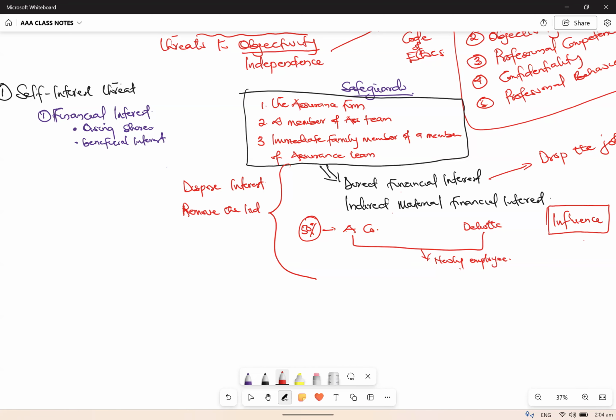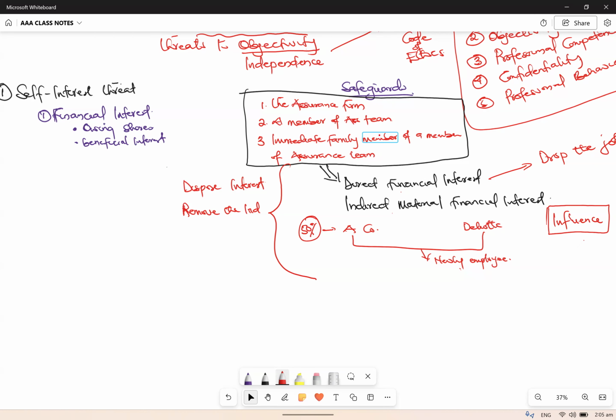Yes, Abiyahu. I think the question has been answered because I was about to ask that the audit officer is not the person who has the direct interest in the company. So I wonder how the person can tell the father to dispose of his 50% interest. Exactly, so in reality, it is not going to happen. What the audit firm will do is remove such a person from the team.